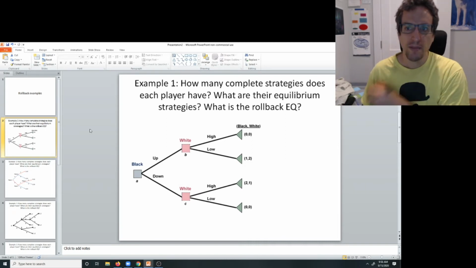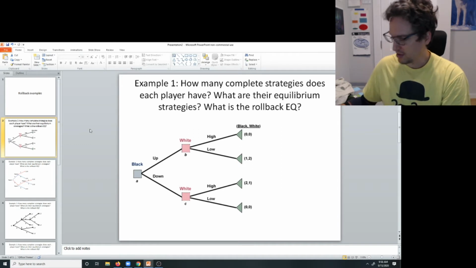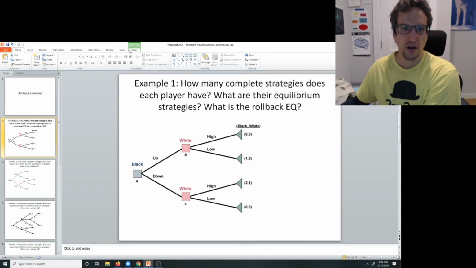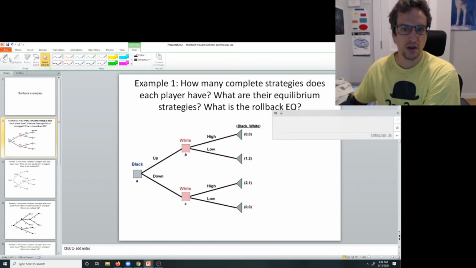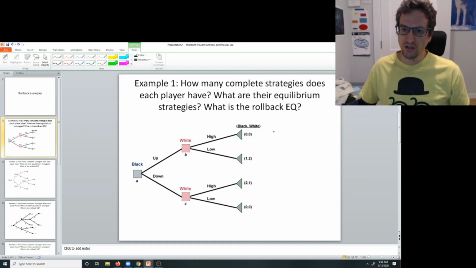So the first is, how many complete strategies does each player have? Let's look at black first here. Black has 1 node where they make a decision, and they have 2 options there.